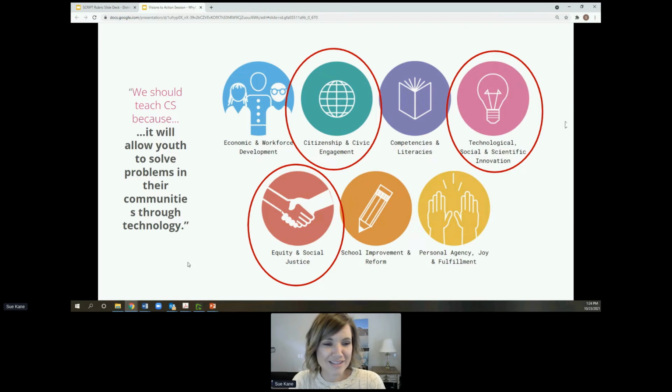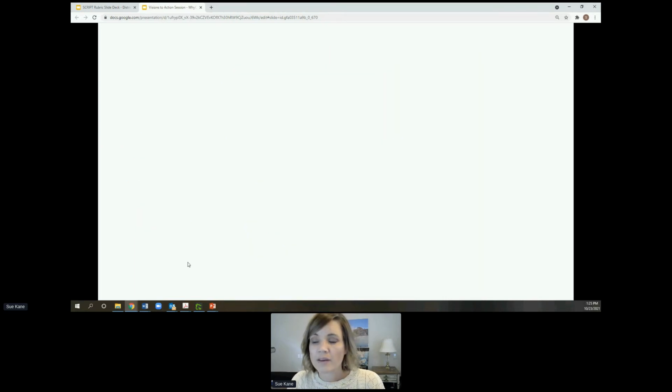If this was my district's vision statement, it's easy to say, as a district, we want all youth to be able to solve problems in their community through technology. Vision statement, and then you can actually empower your district strategic plan to set things behind that to make it happen. So this is the first step that we take districts through in the SCRIPT.